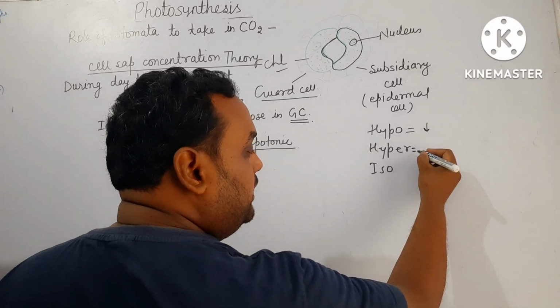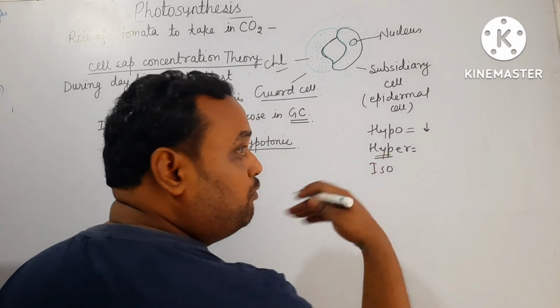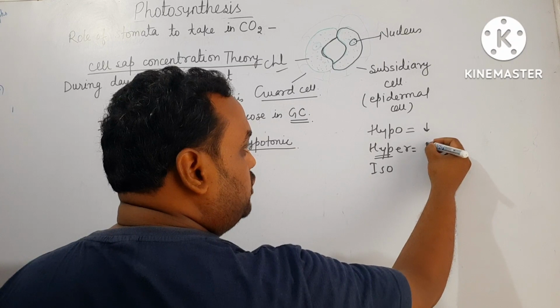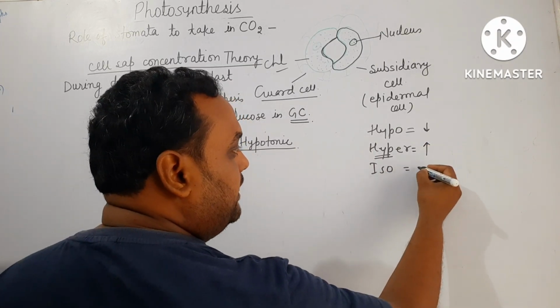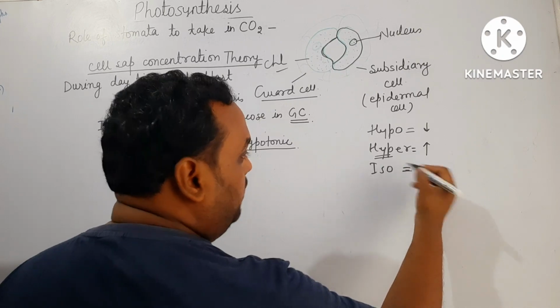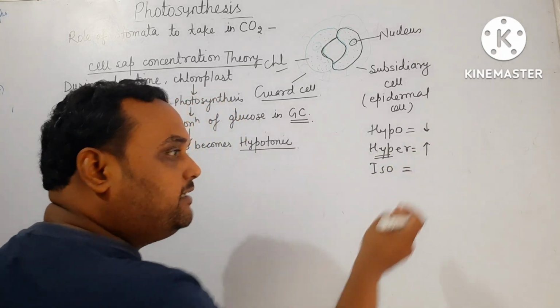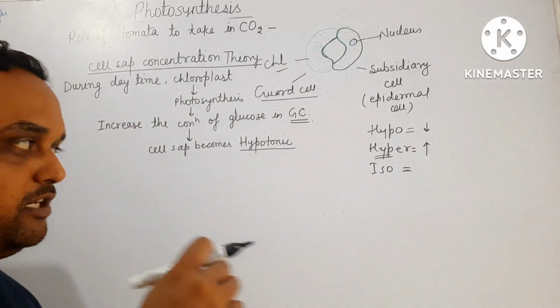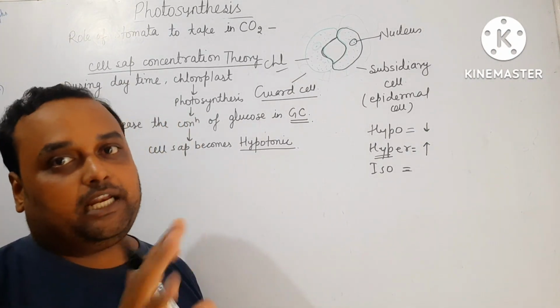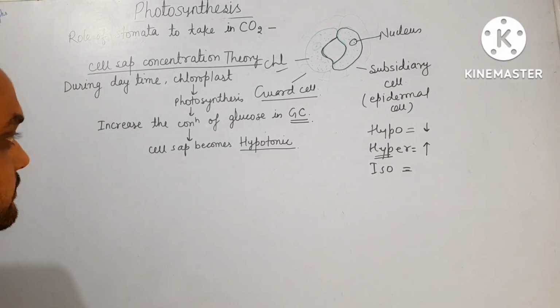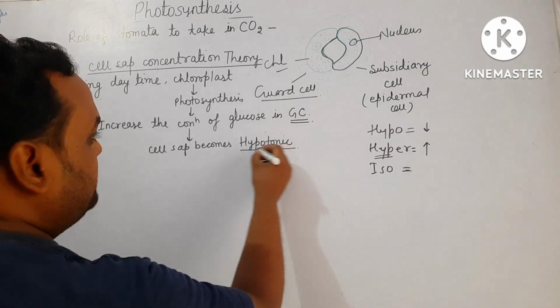In the hypertonic, hyper means more, so the number of solutes dissolved in the solution is more. And isotonic means equal, that means the outside concentration and the inside concentration of any plant cell or cell sap are both equal. Okay, now the cell sap becomes hypotonic.